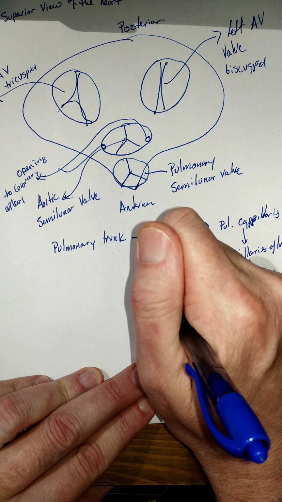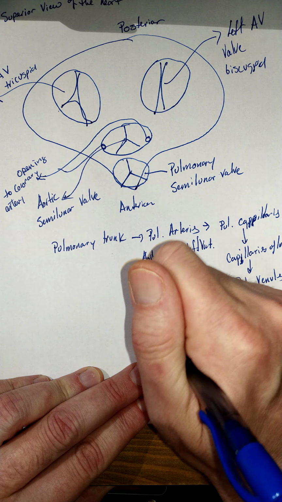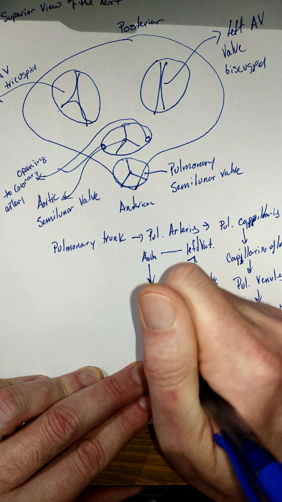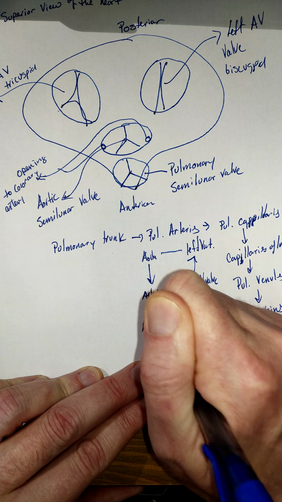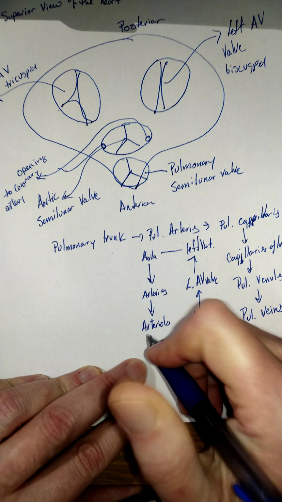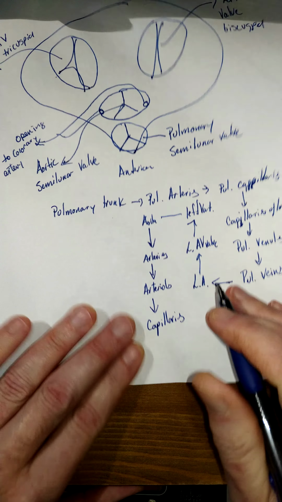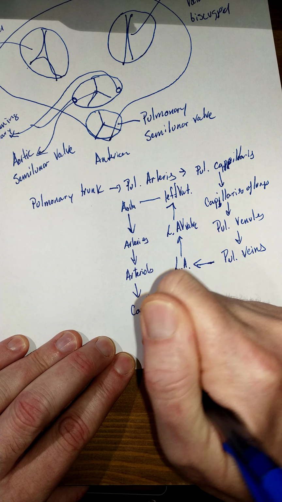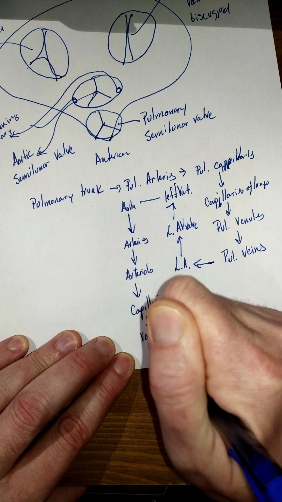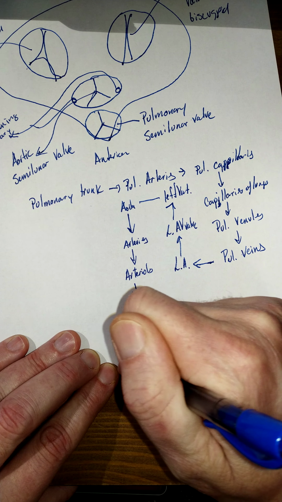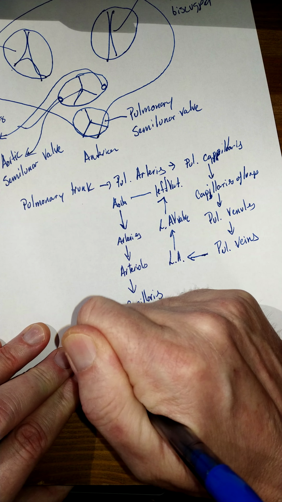and then once the aorta gets it, we send it systemically to our arteries, arterioles, capillaries, venules, veins, and then we get to the vena cava.